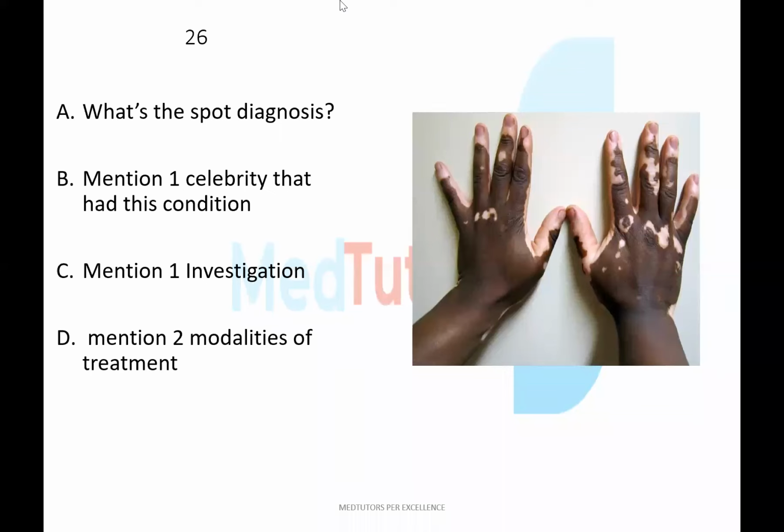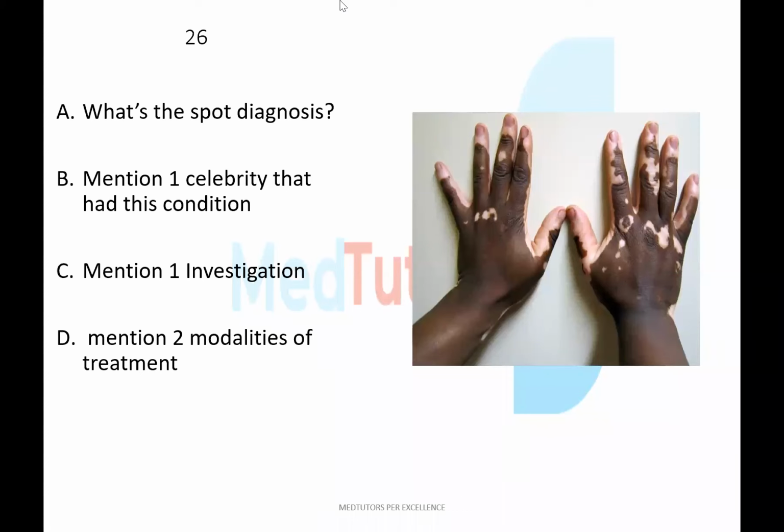So mention two modalities of treatment for this condition. Oh, sorry, we didn't even do the investigation.